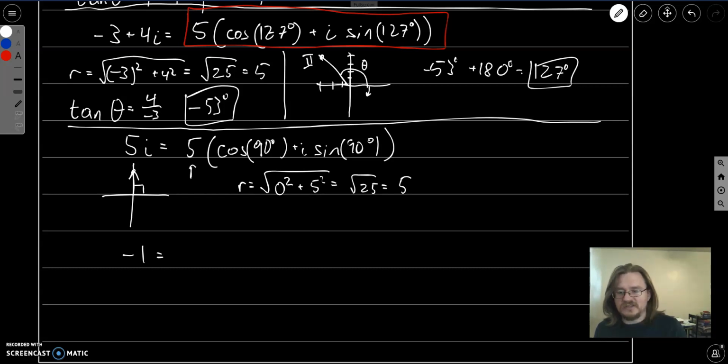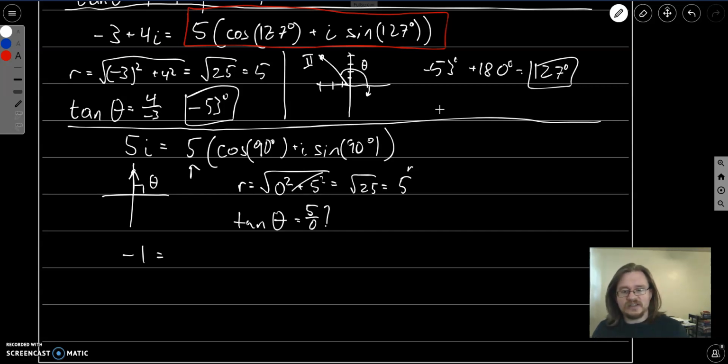Oh good, that matches. And then what we'll notice is that something will go a little bit wrong with the tangent. The tangent of this angle theta is going to be y divided by x, which is going to be 5 divided by 0. Well, we can't divide by 0. So this tangent is undefined.